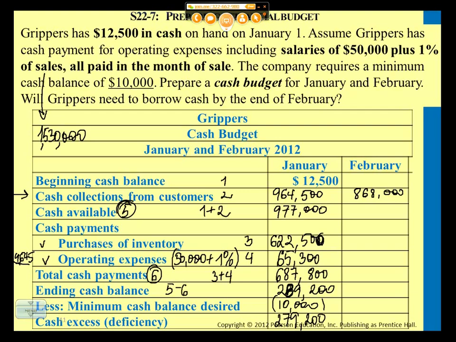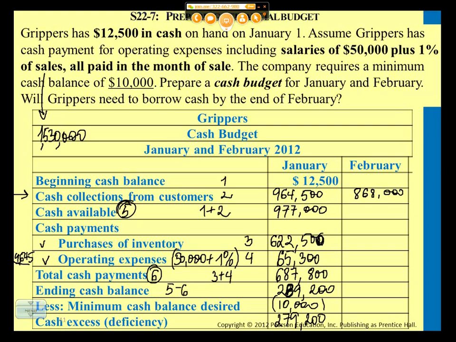The minimum was 10,000, and so we found the cash deficiency of $7,050. But we said that we'll borrow 8,000, right? We did subtract, right? Because that's how we figured out that we need to borrow $8,000.